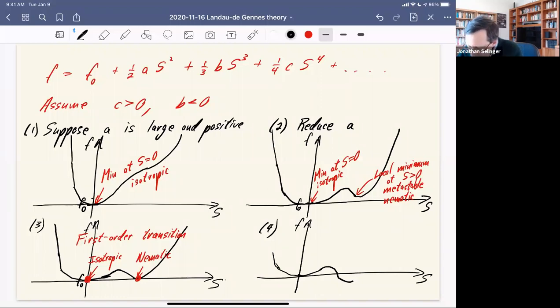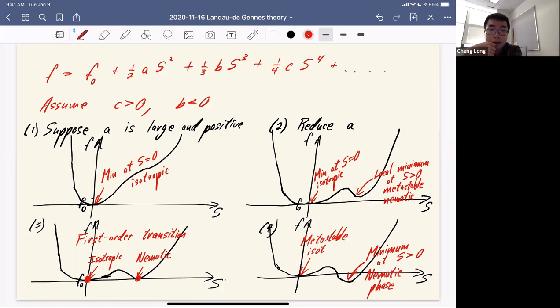And then the fourth order term turns things around. So the shape would look like this. And now the absolute minimum is over here. So the absolute minimum is at positive value of S. So this is in the nematic phase. And over here is a metastable isotropic phase.